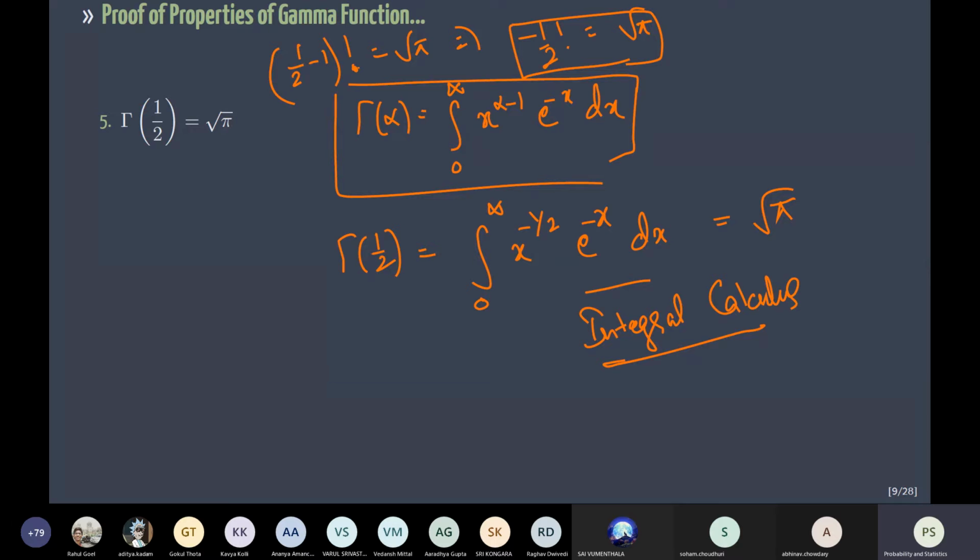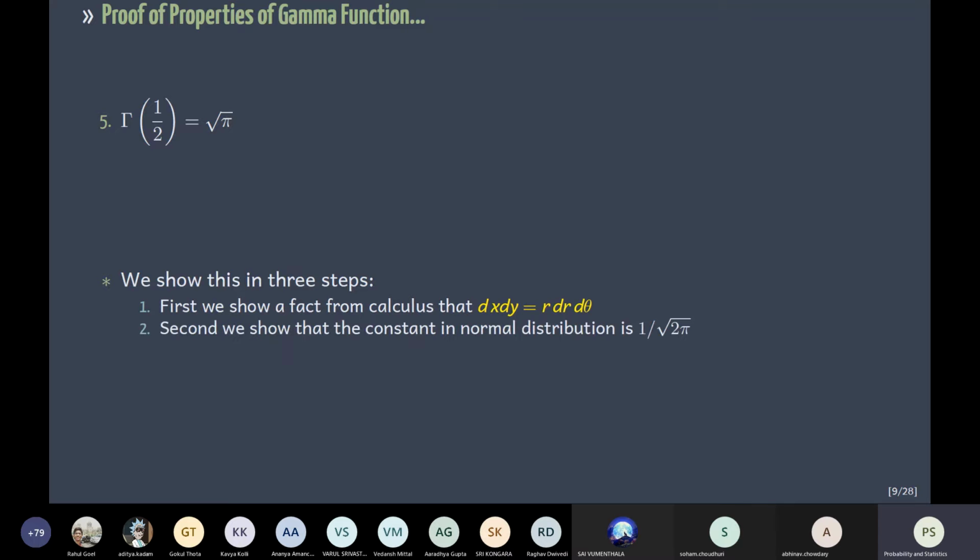So let us see. There will be 3 steps in the proof of this. First, we will show the fact from calculus that dx dy is r dr d theta. How many of you remember that dx dy is r dr d theta? Do you know the proof of this or just the intuitive thing? Second, we show that the constant in the normal distribution is 1 by square root of 2 pi.